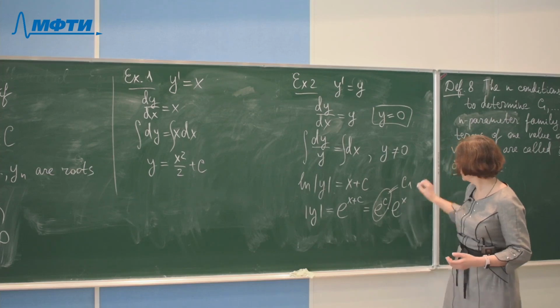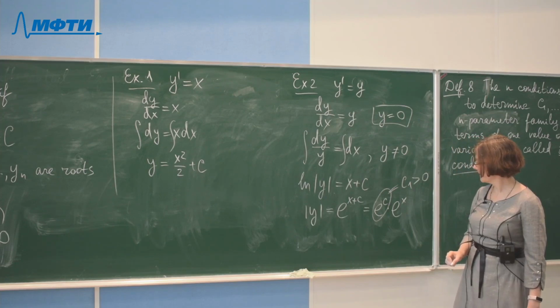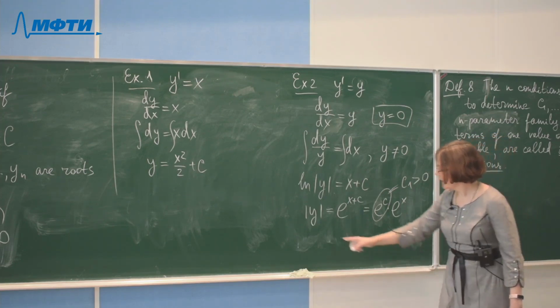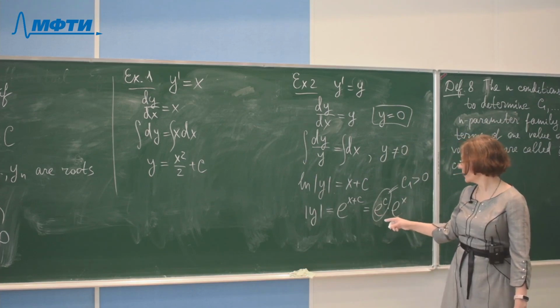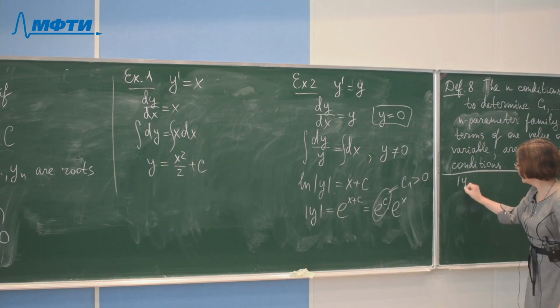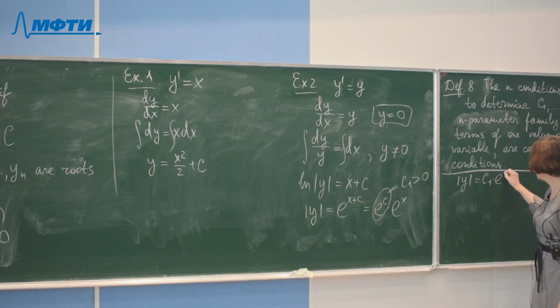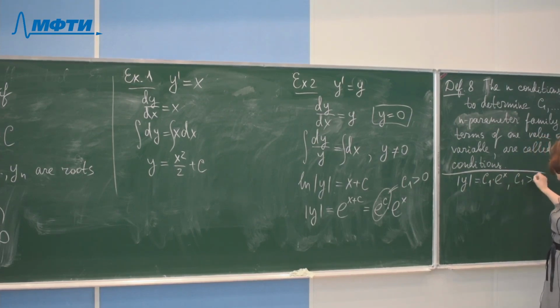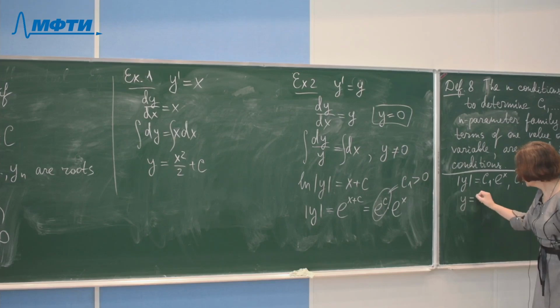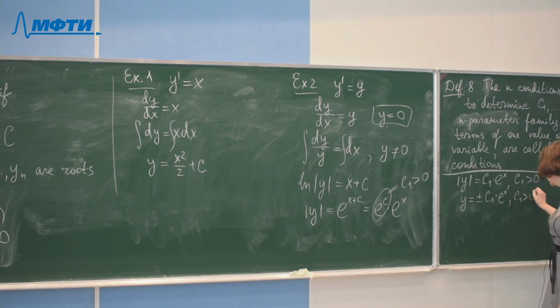Call it c1. It is positive. So we have the following: the absolute value of y is equal to c1 times e to x, where c1 is positive. Then y is equal to plus or minus c1 times e to x, where c1 is positive. And in addition, we have a particular solution y equals 0.